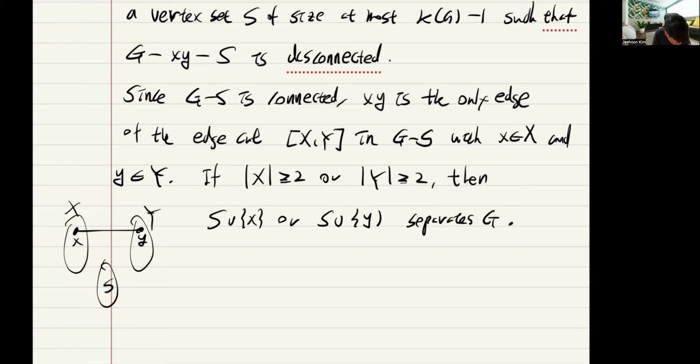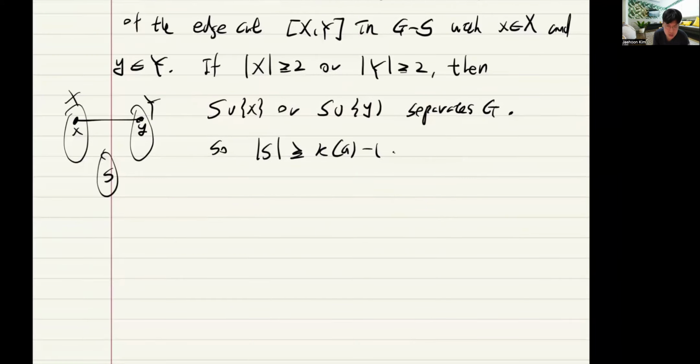That means this S has size at least the connectivity minus 1. So this is what we want. The connectivity drops by at most 1.